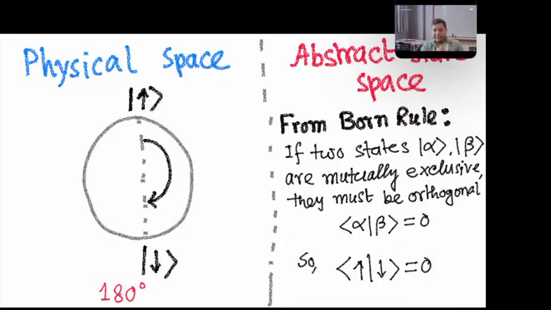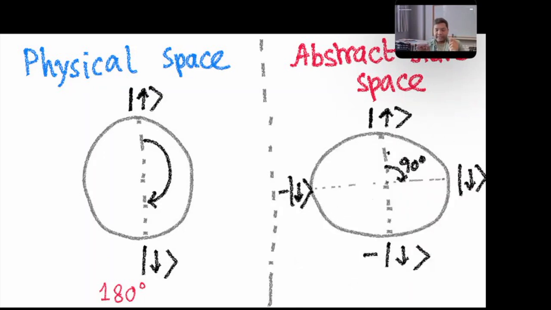If spin up and spin down represent these orthogonal states, then what is the difference between a normal vector and the corresponding spin representation? By the definition of this quantum mechanical abstract space, spin up and spin down are supposed to be orthogonal. That means they should be a 90-degree rotation apart.